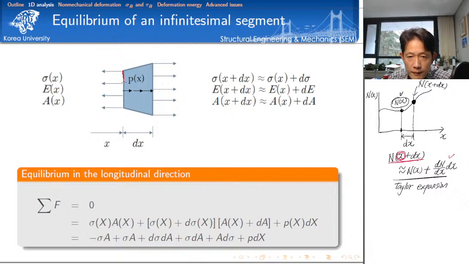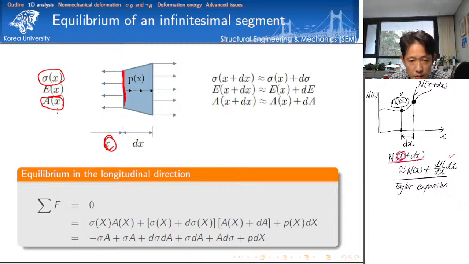If you look at the cross-section on the left-hand side, we must have the normal stress, sigma x. As I told you, the normal stress must depend on the position, okay? And then let's consider also the change of cross-sectional area.